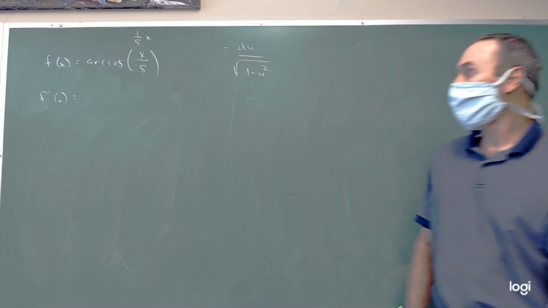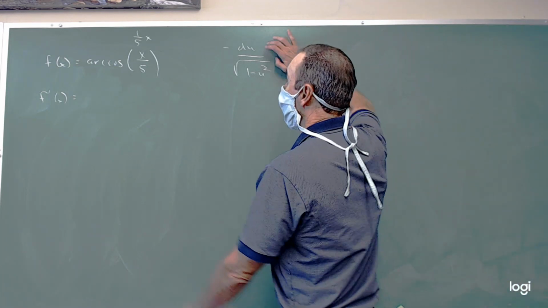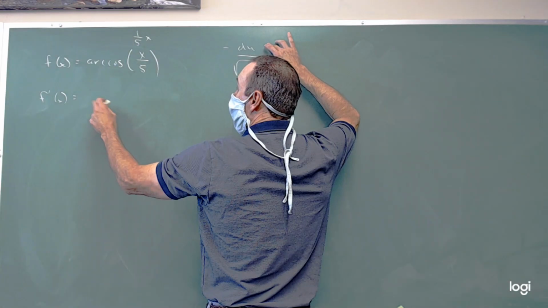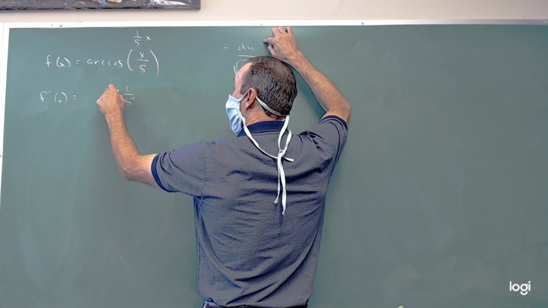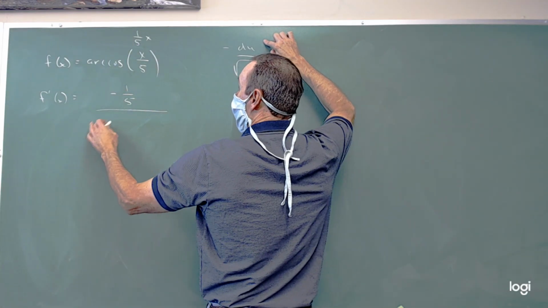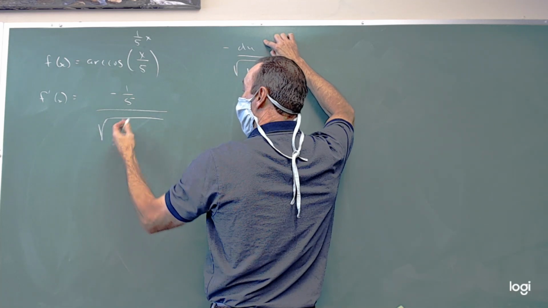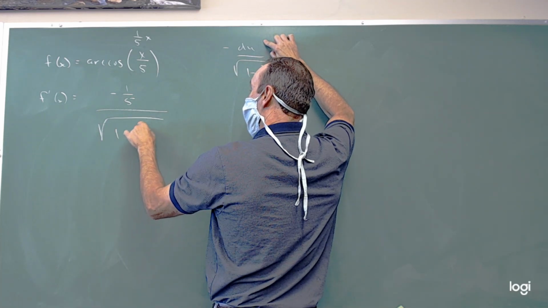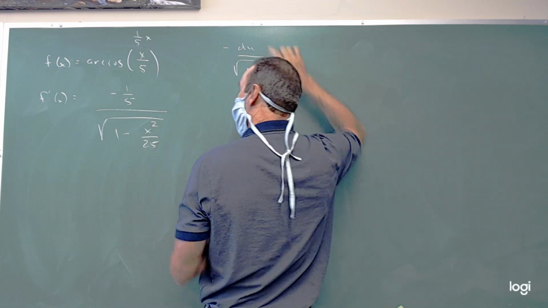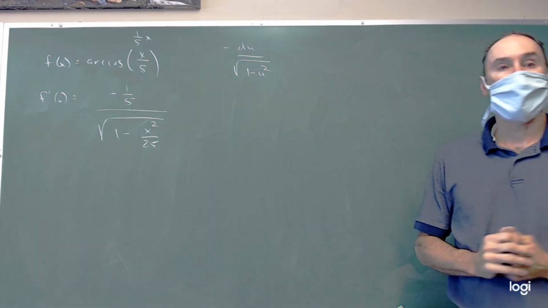So let's see where we are just with the calculus part. The derivative of 1/5 x is 1/5, and the negative is going to make it a negative. In the denominator, we have the square root of 1 minus u squared, which is going to be x squared over 25, or 1/25 x squared, either way.